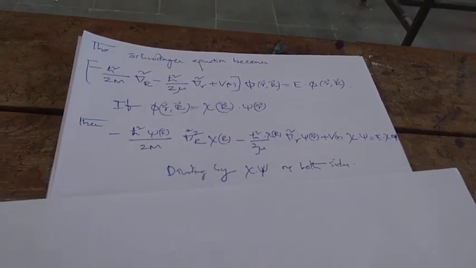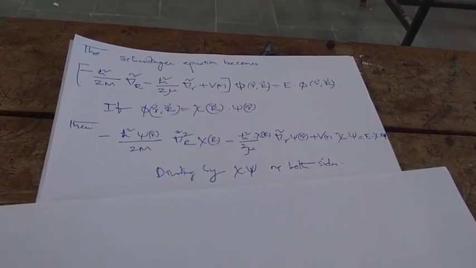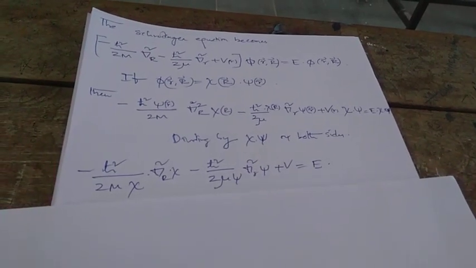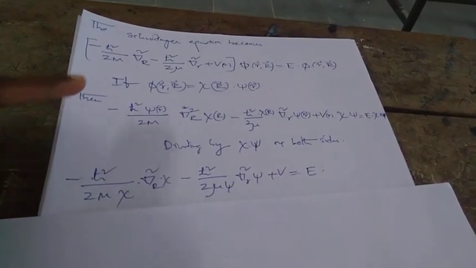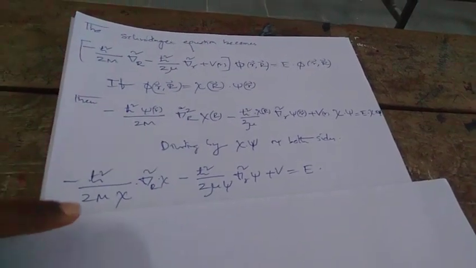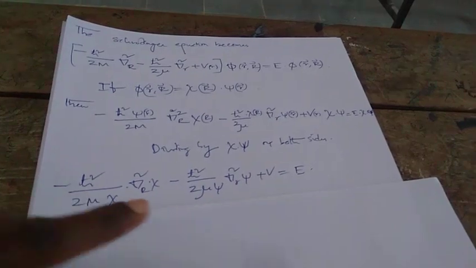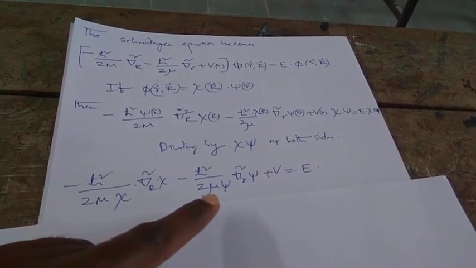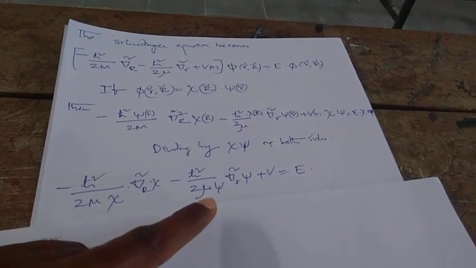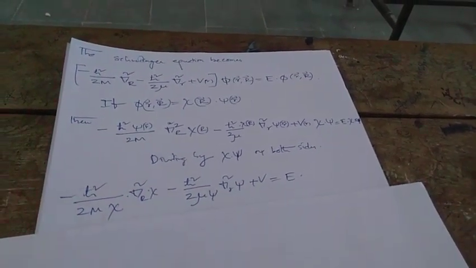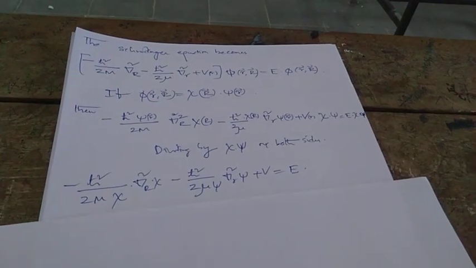If you divide this entire equation by the product of chi and psi on both sides, then psi and psi will get cancelled, so chi will remain in the denominator, and in the second term chi and chi will get cancelled out, so we'll have psi in the denominator. In the third term we just have V here, and on the right hand side we'll just have E.